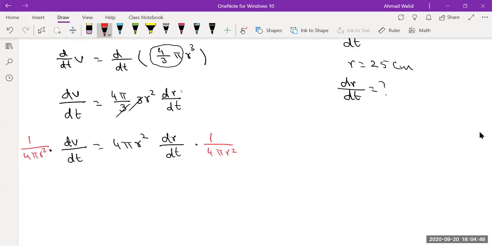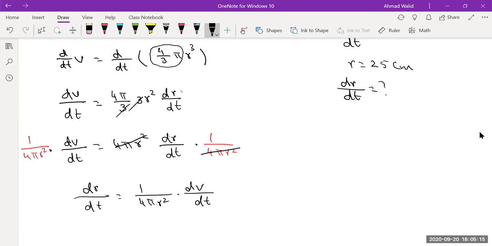This is algebra, right? It's not even calculus, what I'm doing here. 4 pi r squared cancels out with 4 pi r squared. Then I can write dr/dt equals 1 over 4 pi r squared times dV/dt. All the values are given.